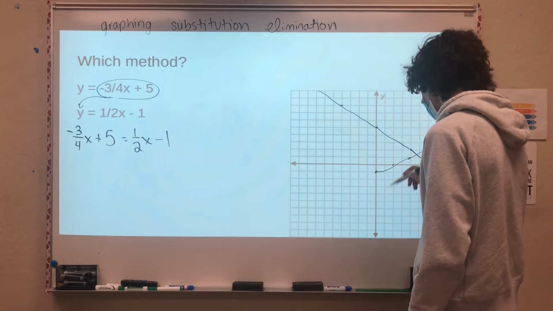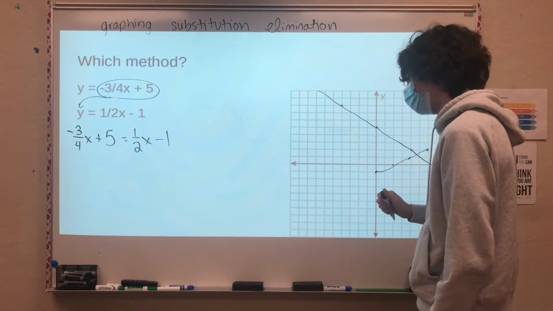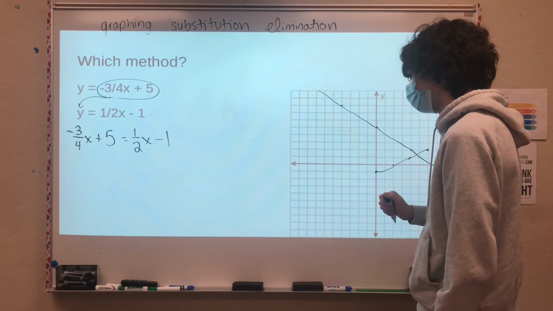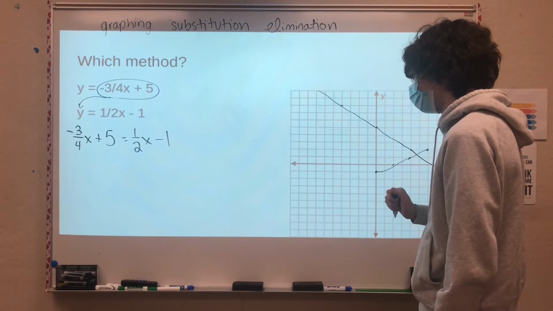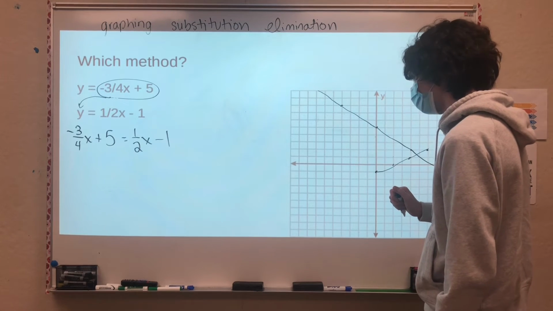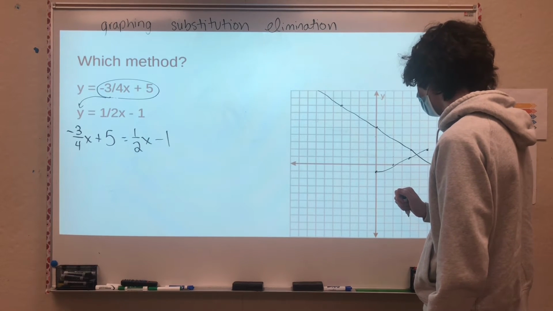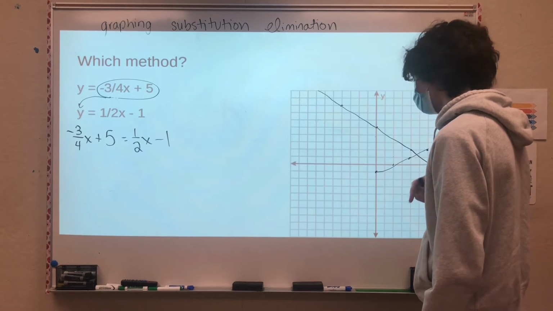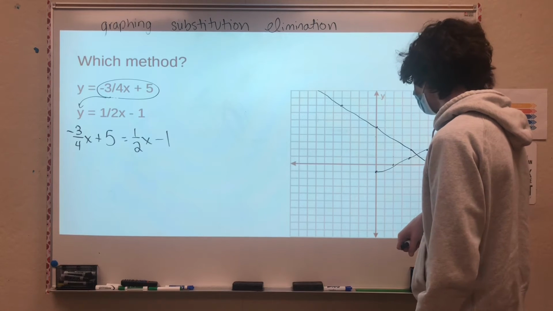Did the teacher do something wrong? One, two, three, four, five. Uh-oh, Samantha, what did you do? Well, I mean, they still intersect. They are.